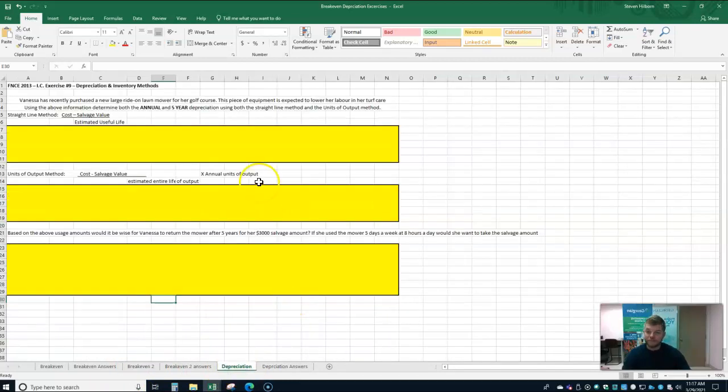And then, of course, we have a depreciation question. I'm not going to go through this depreciation question, but there is an activity here for you, and it's a ride-on lawnmower for a new golf course. So using the above information, determine both the annual and 5-year depreciation, and the above information is not there.